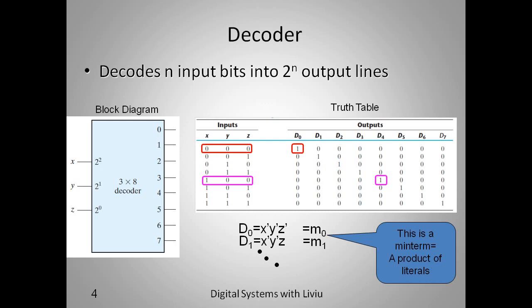In a similar manner, all the D's, we can extract the equations. D7 would be x, y, z, which stands for M7. If we summarize this, the D's equations represent the appropriate minterms.